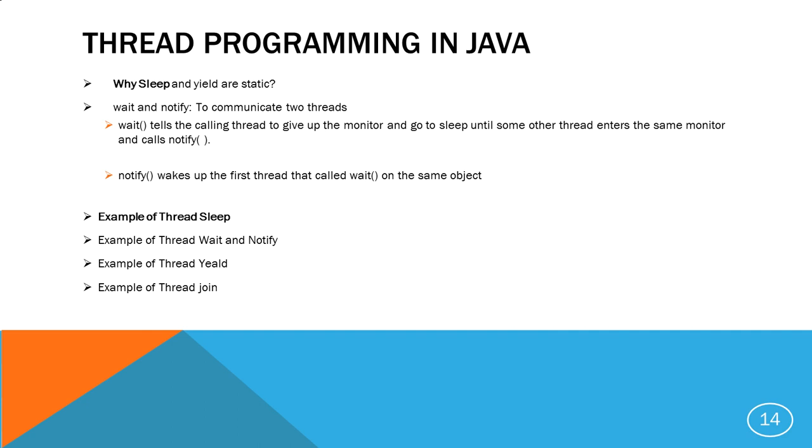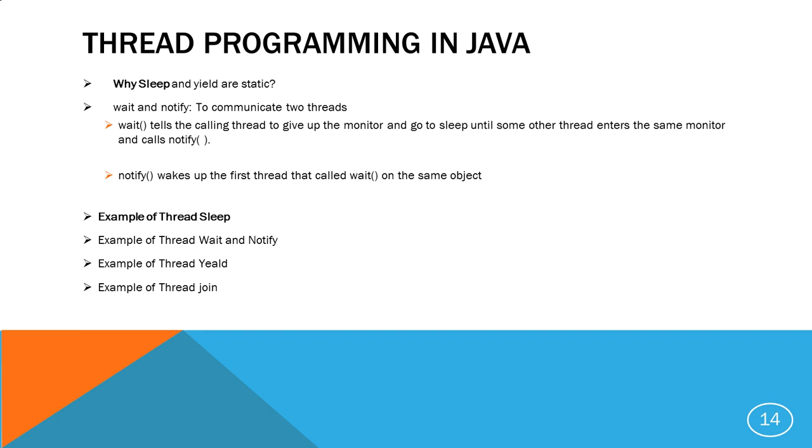So the wait and notify combination does the execution in an alternate way. Wait tells the calling thread to give up the monitor, which is a kind of piece of the execution of the program, and go to sleep until some other thread enters the same monitor and calls notify. Notify wakes up the first thread that called wait on the same object.